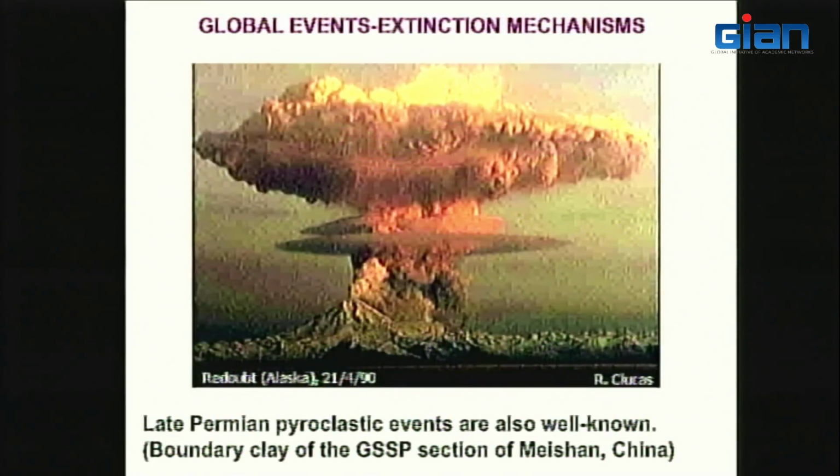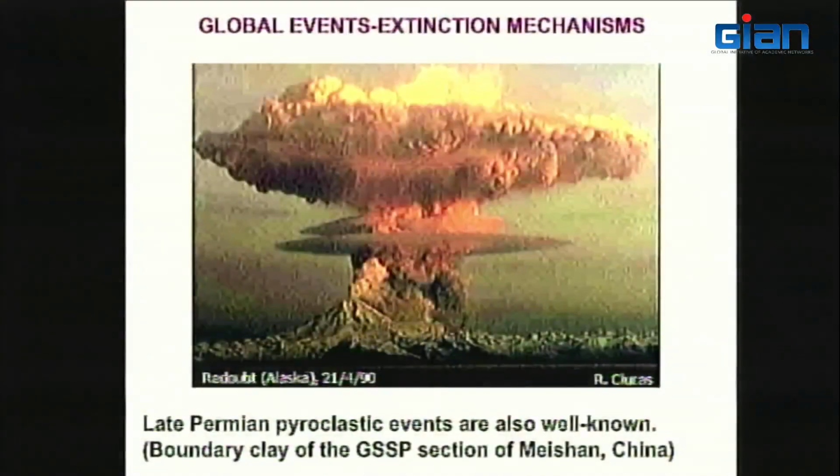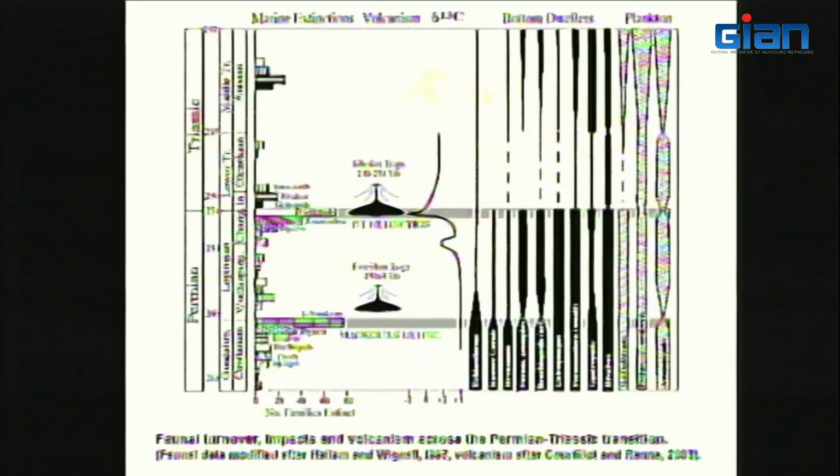There was also some massive explosive volcanism, well known because we have zircons and bentonite in a lot of places, for example, in China. And these pyroclastic events could lead, in this general warming curve, to some short cooling event. And this also can add some really lethal conditions for the biosphere.